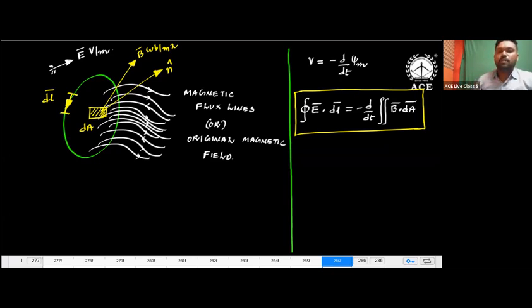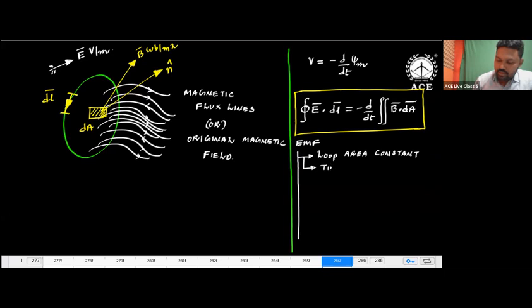In how many possible ways can you induce the EMF, beta? One is you can keep the loop area fixed, constant, but the magnetic field is changing with respect to time.